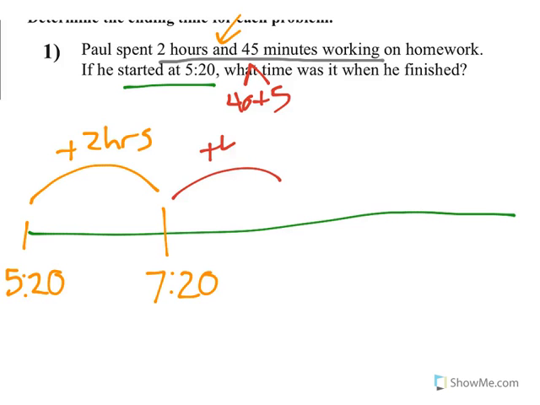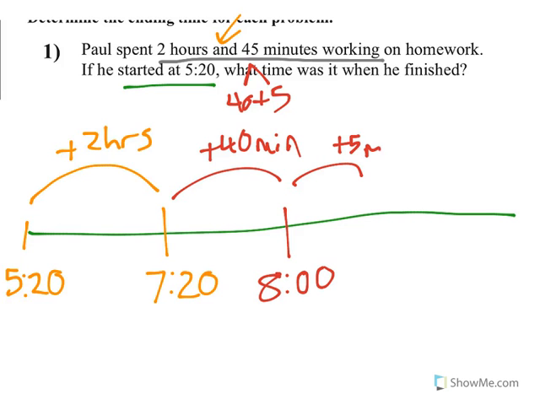So if I add 40 minutes, that would put me at 8 o'clock. And then I need to add 5 minutes, which would put me at 8:05. So, what time was it when Paul was finished with his homework? 8:05.